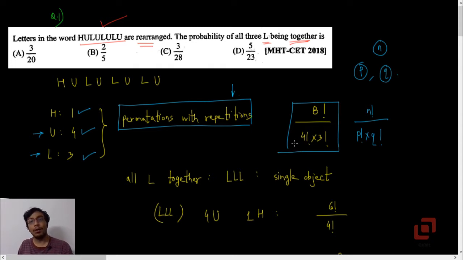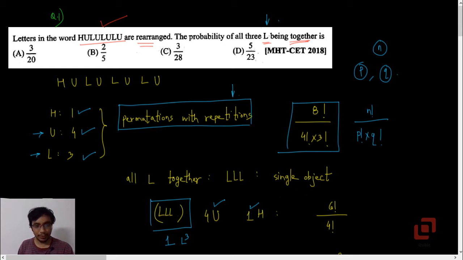Now what we want is all the 3 L's to come together, so we will treat LLL as a single object. Let's call it L cube, but we still have U coming 4 times and 1 H, so use the same formula.